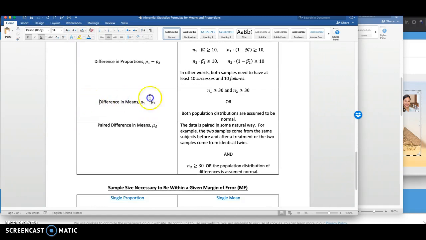Here we're looking at difference of means, the average amount of calcium excretion for Diet Cola drinkers versus water drinkers. We need to have either sample sizes of at least 30 or both population distributions assumed to be normally distributed.